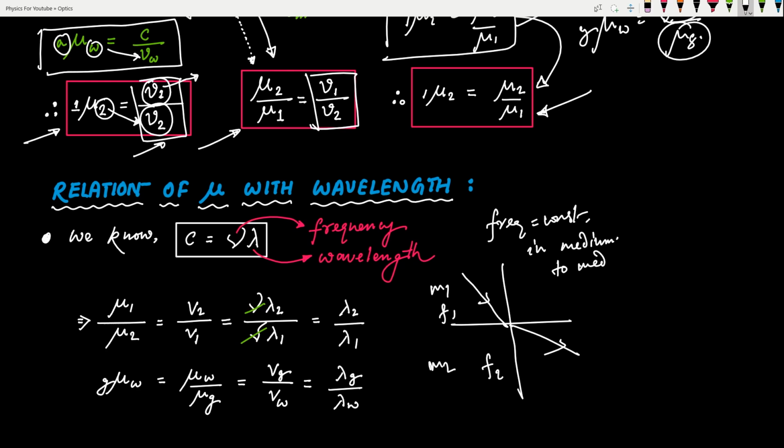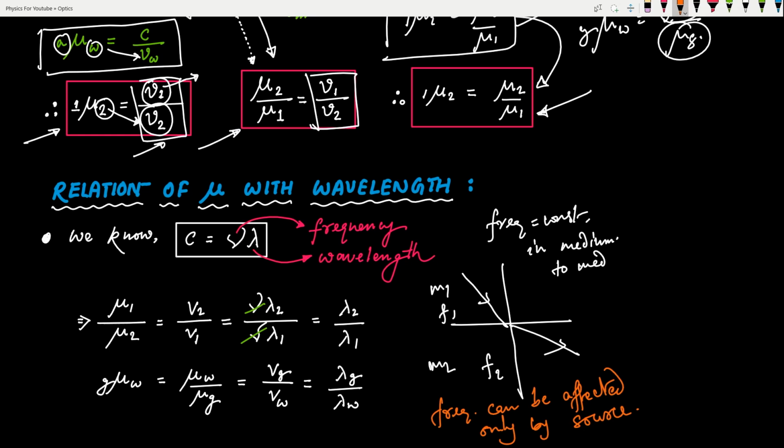Very important, frequency can be affected only by the source. Okay, this is true for both light as well as sound wave, because both are waves. We'll be learning that in wave optics.